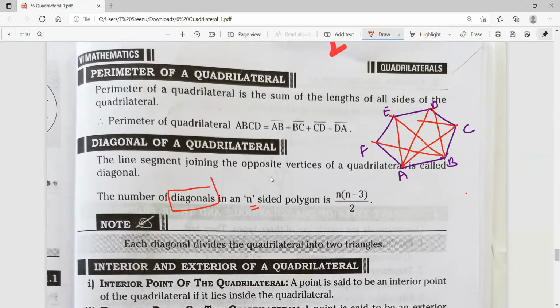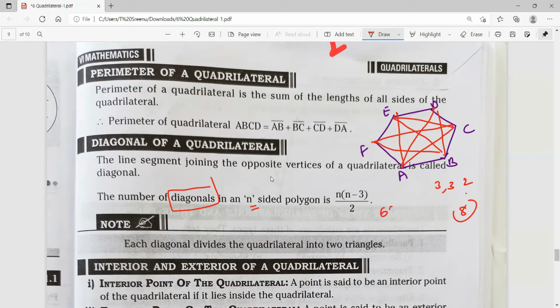Next 1, 2, 3 is over. How many lines did we get? Just check from A: from A, 3. From B also 3. From C, 2 already there. 6 plus 2, 8.